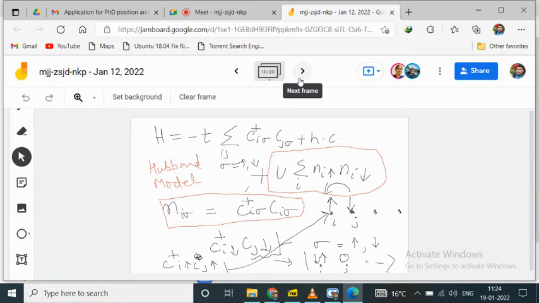So in a metal there will be a range of hoppings. A particle can hop to the neighboring site, or go to the second or third neighbor, but those amplitudes are much smaller than the amplitude of hopping between neighboring sites.